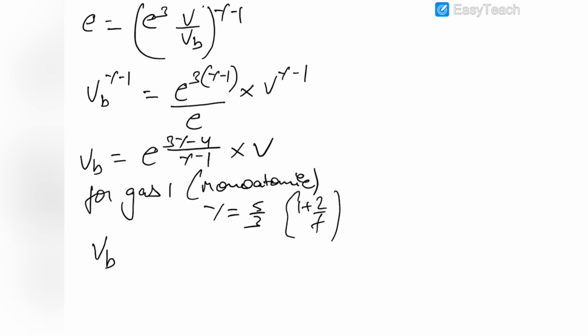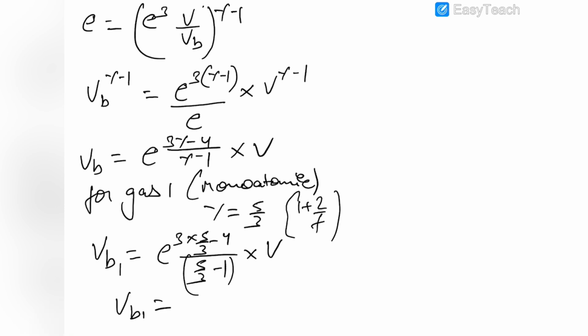So Vb for monoatomic gas, Vb1, will be e to the power 3 into 5 by 3 minus 4, divided by 5 by 3 minus 1, into V. So this is 5 minus 4, and divided by 2 by 3. So 5 minus 4 is 1 and 2 by 3 is in the denominator. So it is e to the power 3 by 2 into V.